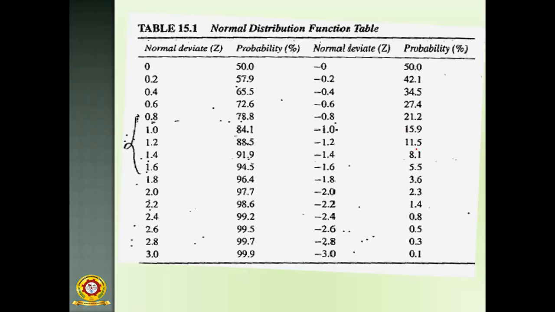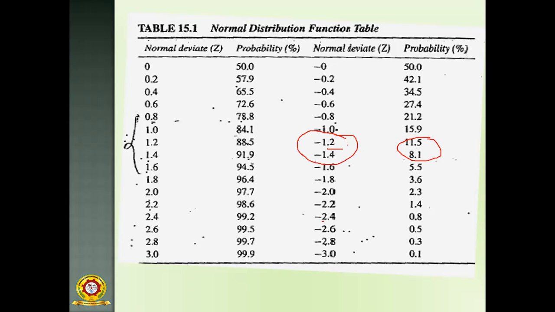So what is the value? 19.6, so 19.6 by 2, that is 9.8. The 1.13 is not there, so the 1.13 lies between 1.02 and 1.2.